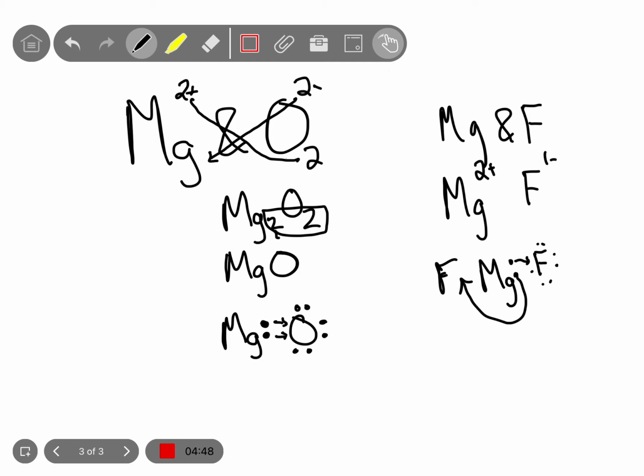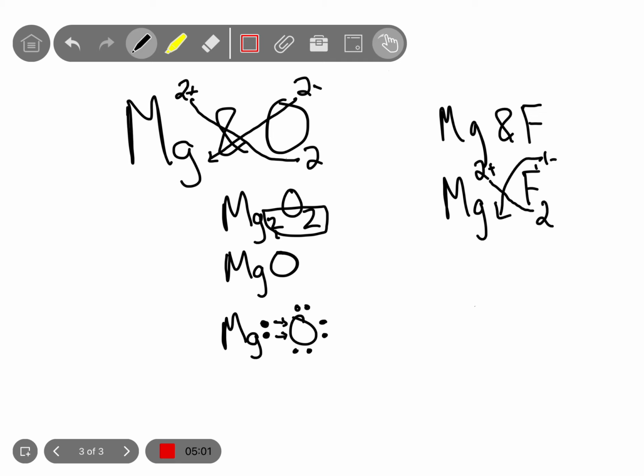How can we use the oxidation number and avoid all them headaches? You can simply apply the crisscross applesauce method as we talked about earlier, and now we can see we have magnesium and 2 fluorines. So we get MgF2.